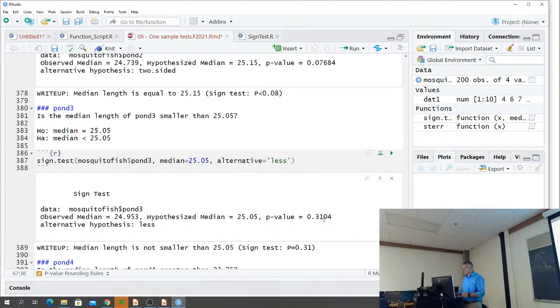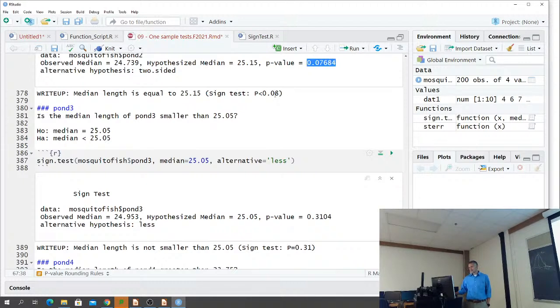If this p-value was 0.314, it would round down to 0.31. If it was 0.3146, it would round up to 0.32, like this one, 0.0768. That rounds up to 0.08.